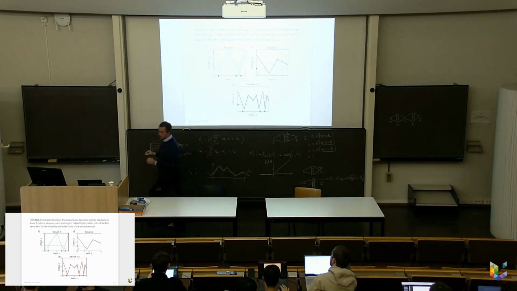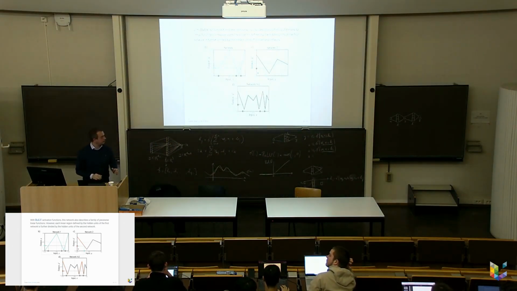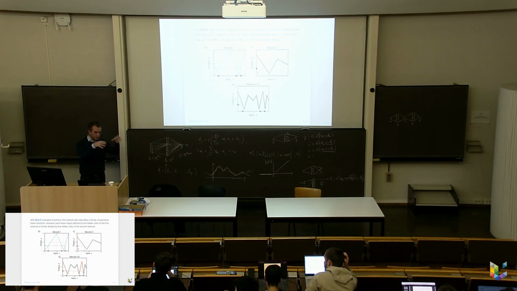So that means effectively that each input region that the first neural network defines will itself be passed to another neural network, the second neural network, and the effect of this neural network will be to divide this region further into smaller pieces.